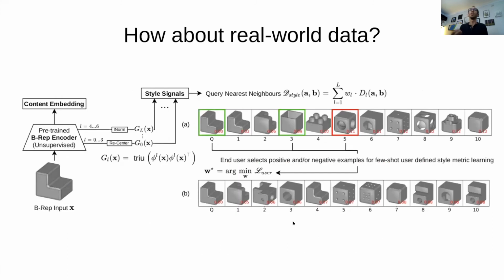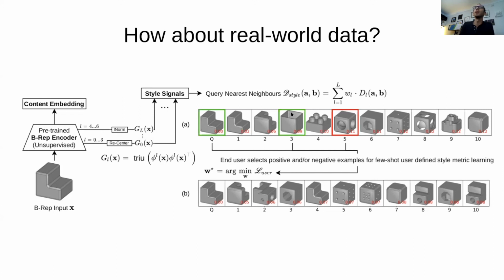Okay, and then applying the few shot learning to this as well, and summarizing the process that's involved here. Here's an example where the user supplies this solid with these rounded edges as their query. They get back some query results using just a guess at the weights. We just use uniform weights in this case.